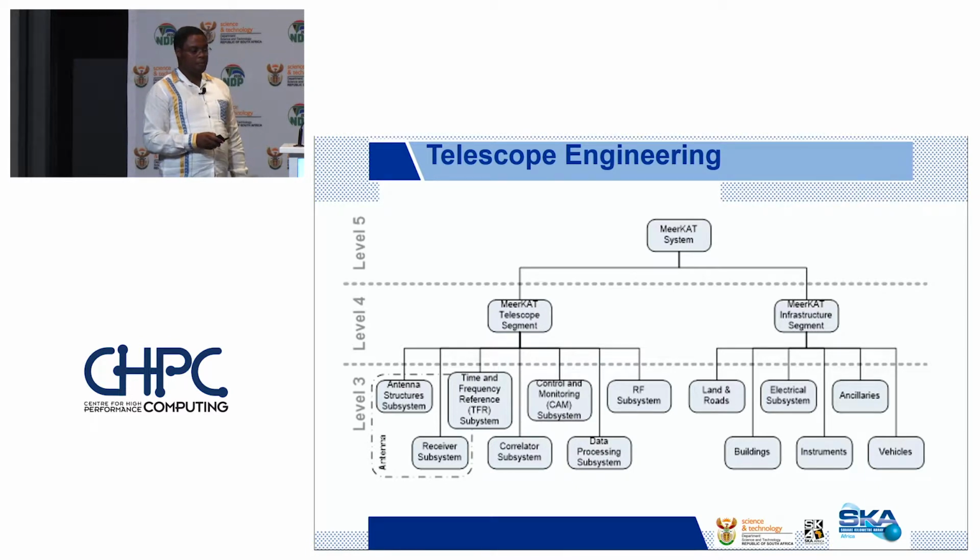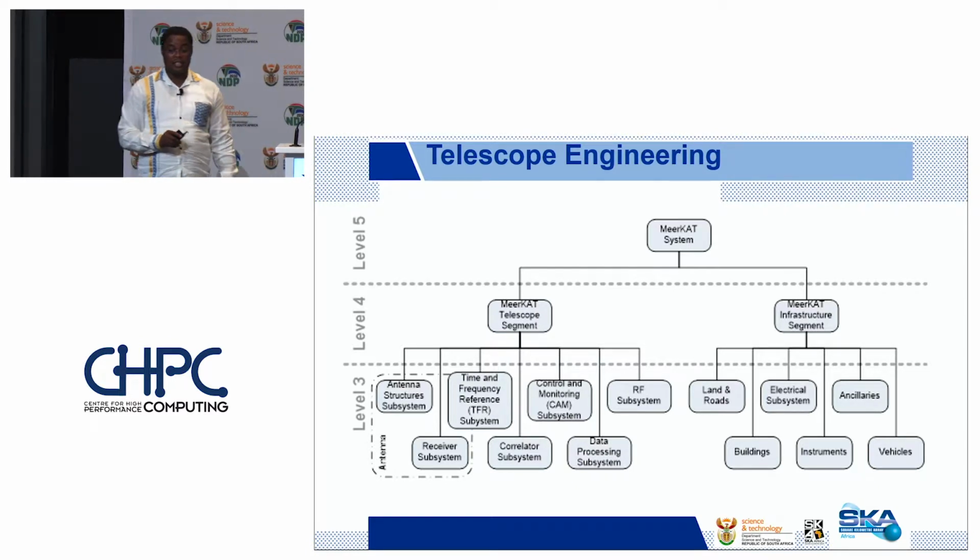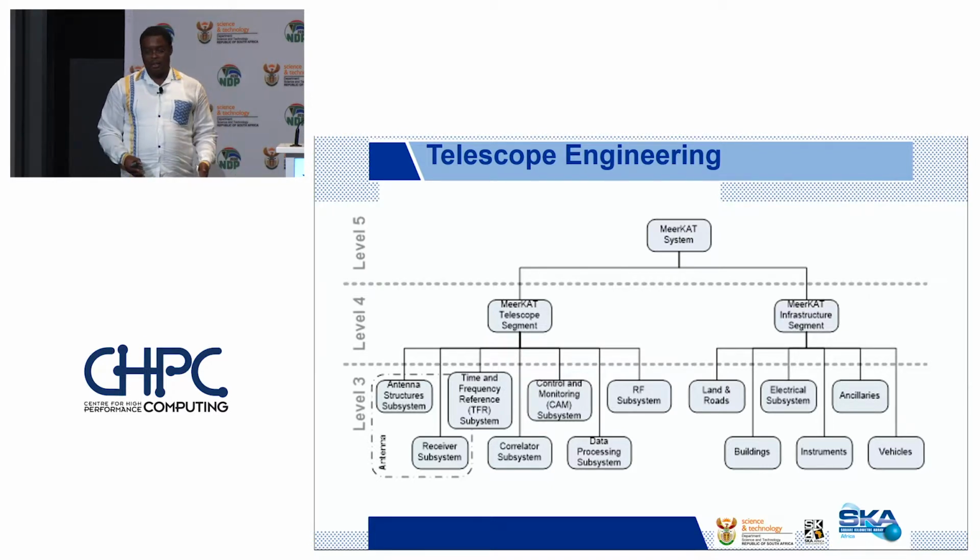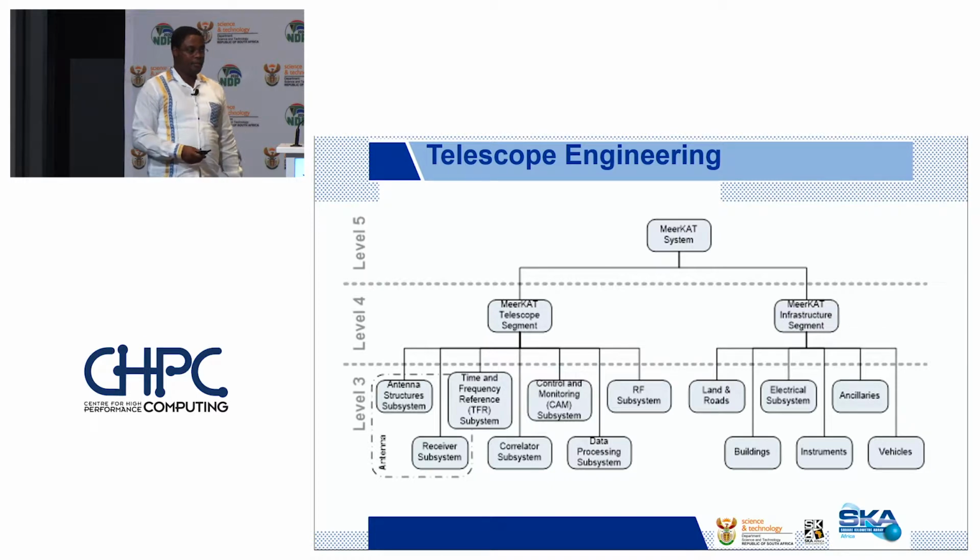The one is called the MeerKAT infrastructure segment. These guys are essentially responsible for the site. They make sure that A, we have a site, B, we can get to the site, C, when we put things on the site, the lights will actually come on, D, it won't get stolen, and everything that goes in between that. And it's a lot.